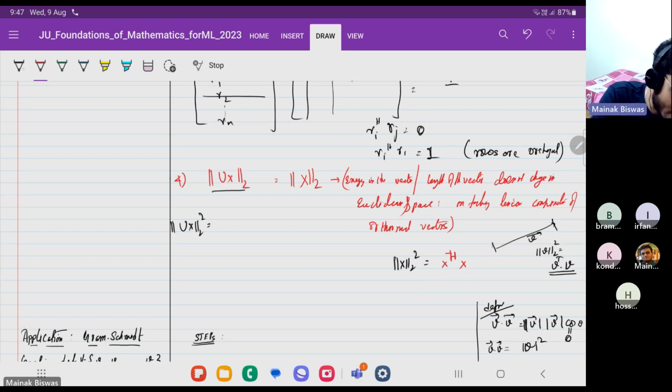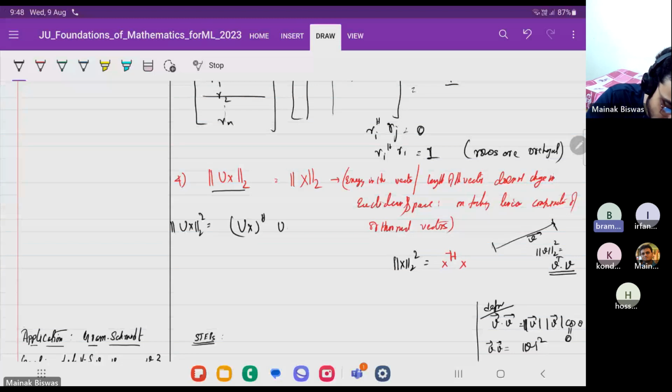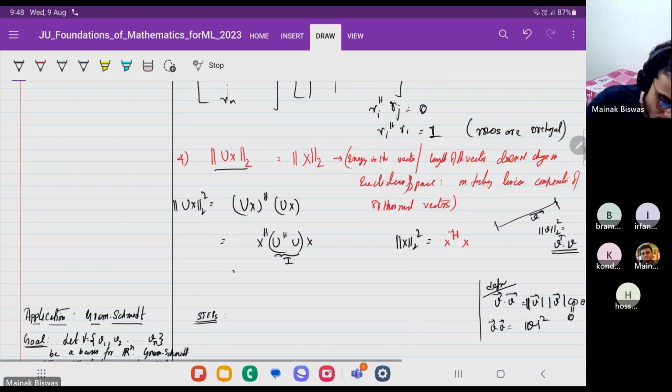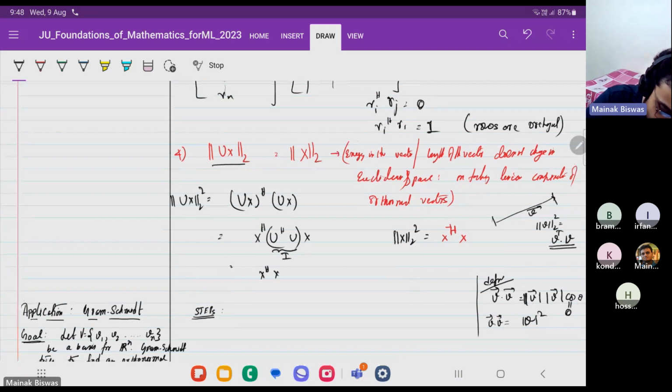So what will be the norm of Ux? It is Ux Hermitian Ux, which is x Hermitian U Hermitian U x. You know transpose and Hermitian are the same operation, so they will be exchanging. What is U Hermitian U? Identity.